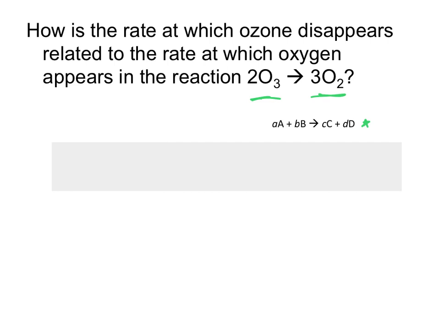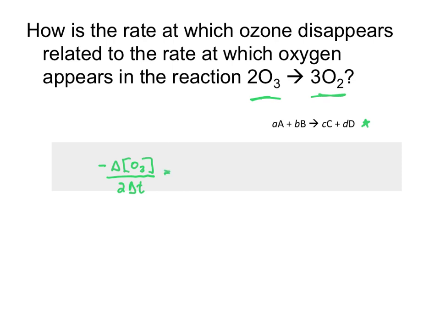So what we're going to go ahead and do is write our simplified rate laws, and we're going to start first with the ozone. Ozone is going to disappear, so we're going to have a negative value. Delta is going to be related to that change of the ozone molecule, all divided by 2 delta T. The reason why we have that 2 is because the coefficient in front of our ozone is equal to 2.